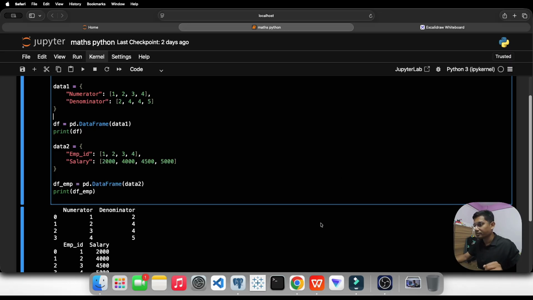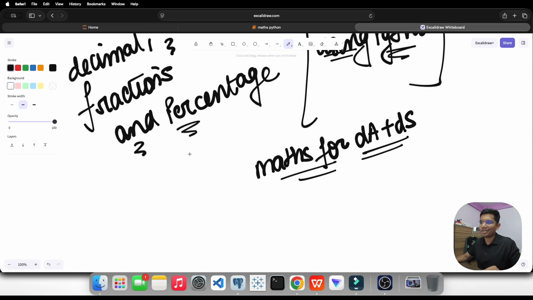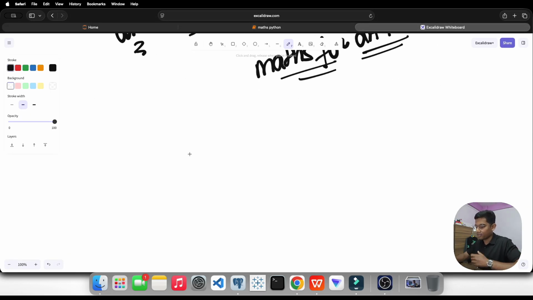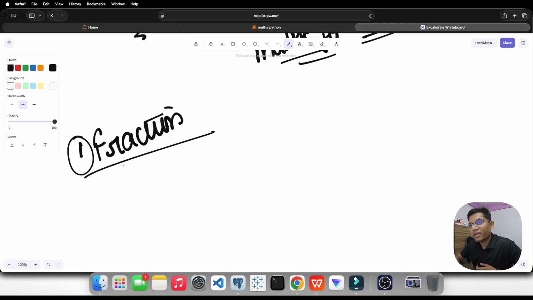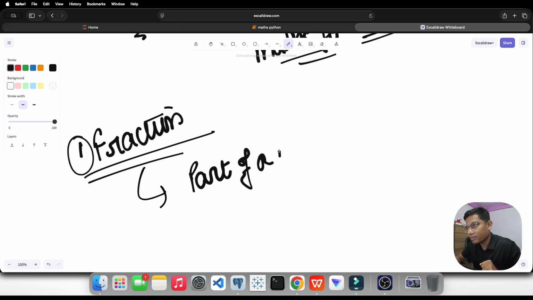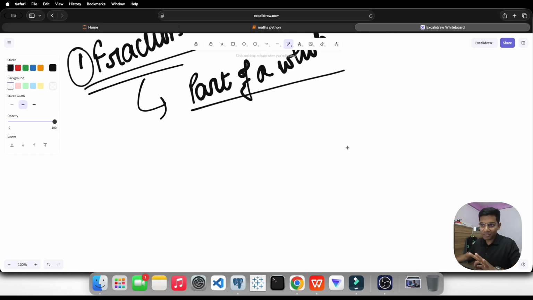Simple as it is. So first things first, let's talk about the theoretical part. In the theoretical part, the first topic is fraction. What is fraction? I will first talk about the definition. Fraction definition means part of a whole. This is the definition, but let us understand it in an easy way.